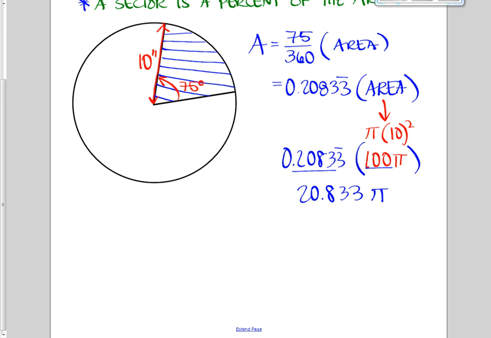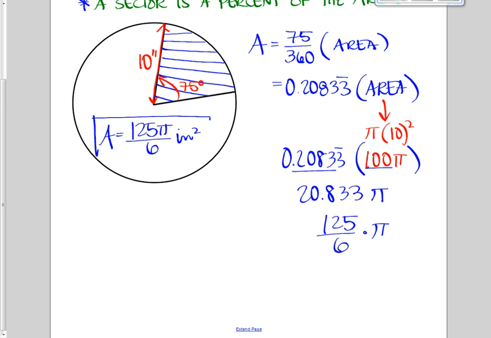I can convert this to a fraction using the calculator. This is 125 over 6 times pi. The way I'm going to write my answer for Khan Academy is that the area of this sector is 125 times pi divided by 6, in square inches.